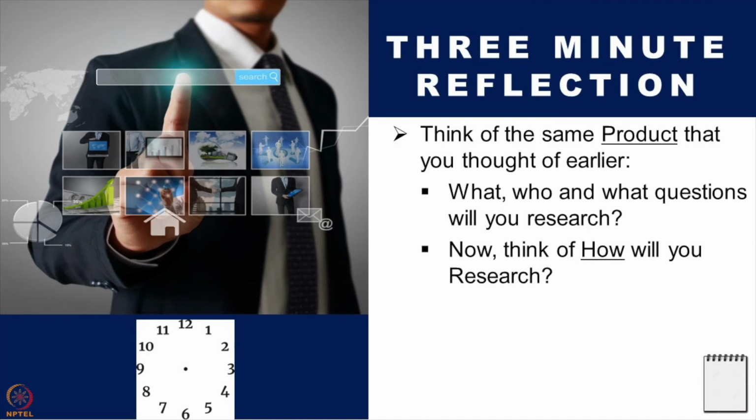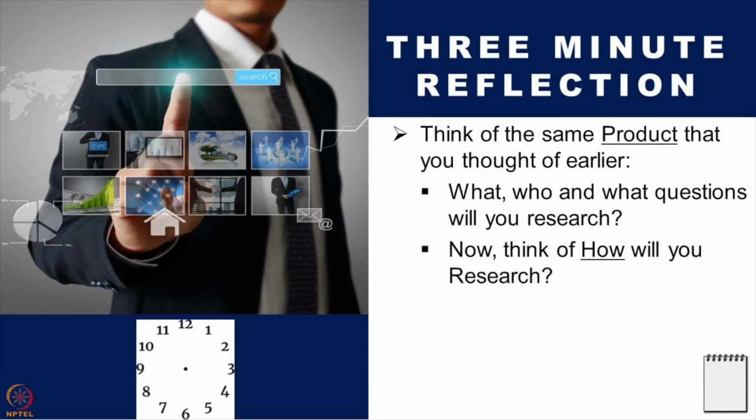So with that, again, I'd like you to reflect and write down in your journal. You have thought about a product in your earlier reflection point. You would have thought about who to research, how to research, what to research. Now, write down in your journal, how will you research?